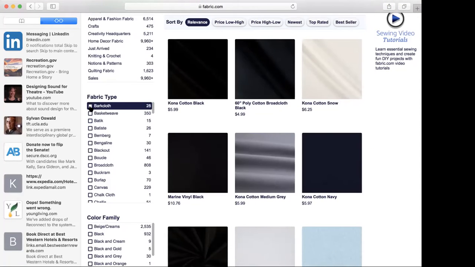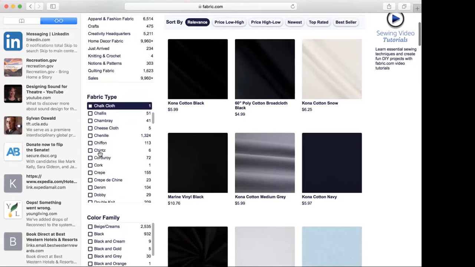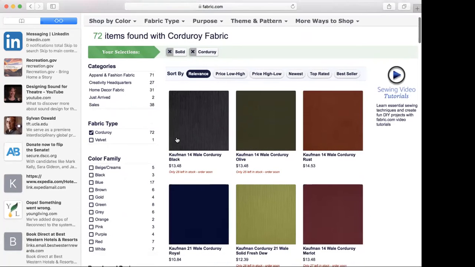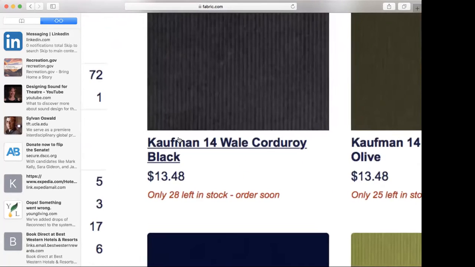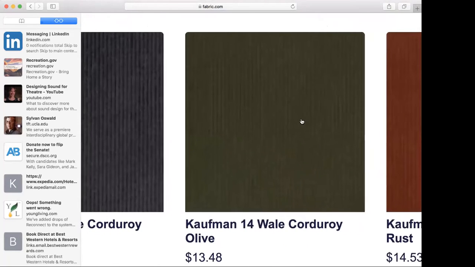So this may also be a very interesting thing. Let's see if they actually have corduroy in here. Look at that. They have 72 corduroy samples. And if we zoom in on this, you can actually see here is one kind of green corduroy.